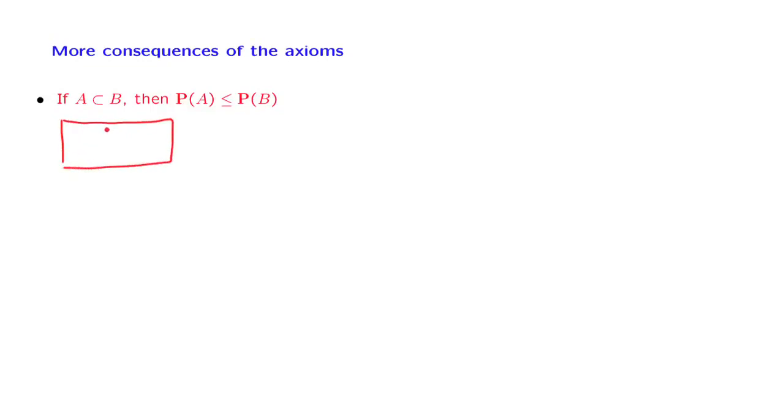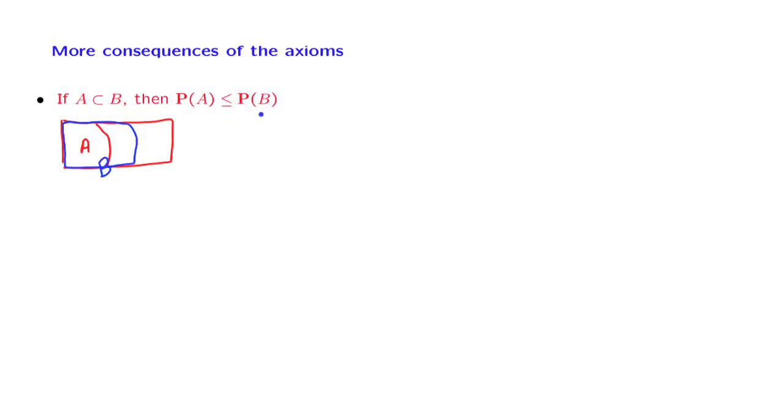We have our sample space and we have a certain set A, and then we have a certain set B which is even bigger, so the set B is the bigger blue set. So if B is a set which is larger than A, then naturally the probability that the outcome falls inside B should be at least as big as the probability that the outcome falls inside A.